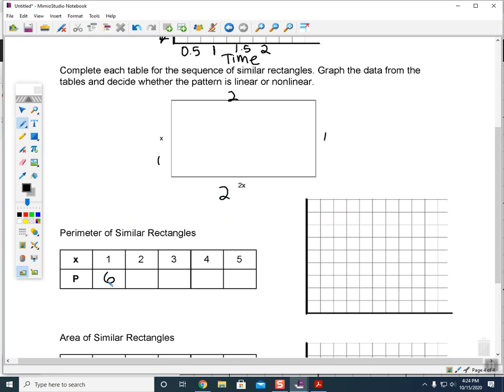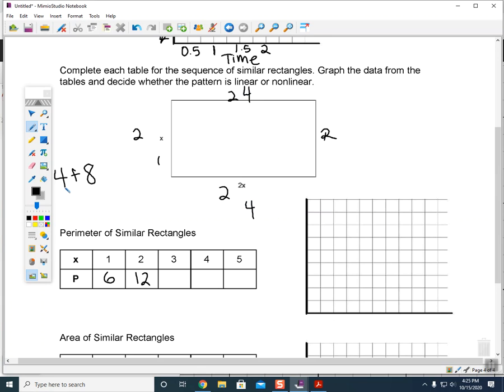When x is 2, I would have 2 times 2, so I would have 4. 2 times 2 is 4 plus 8 would be 12. Right? I would have 2 here, 2 here, 4 here, 4 there. So I have 4 plus 8.